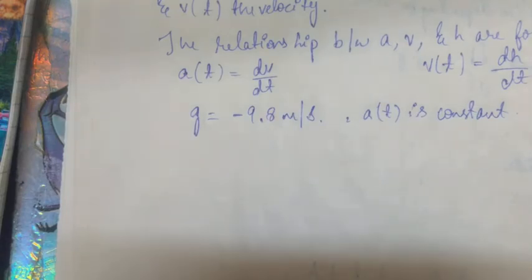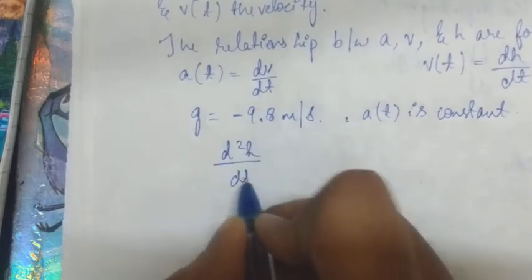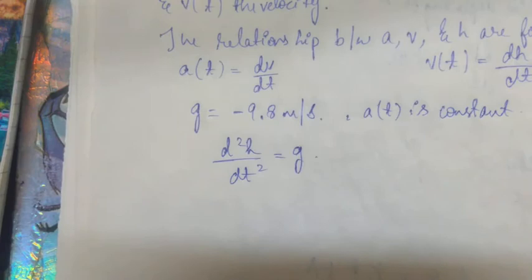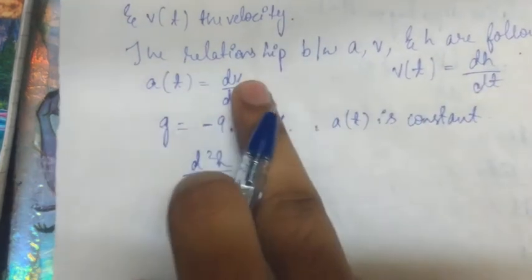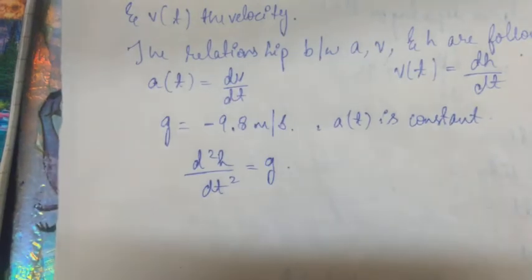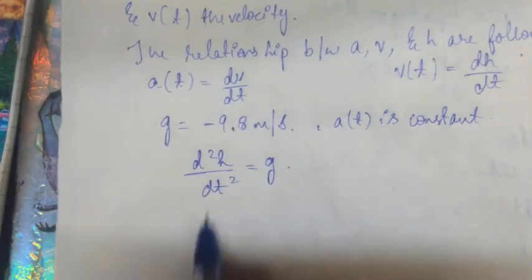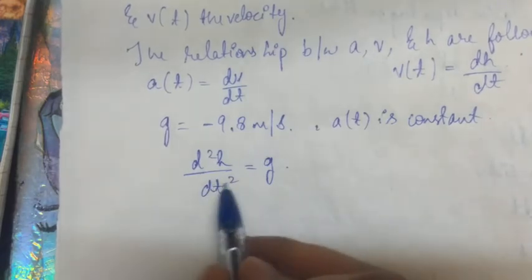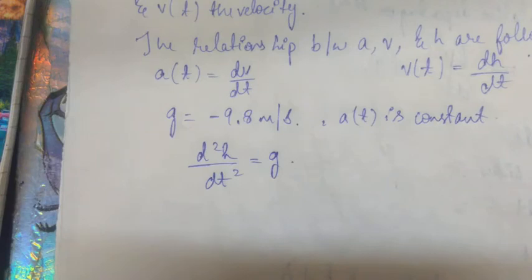Acceleration due to gravity can be written as d squared h by dt squared is equal to g. Here we are just substituting velocity, hence we got d squared h by dt squared is equal to g.